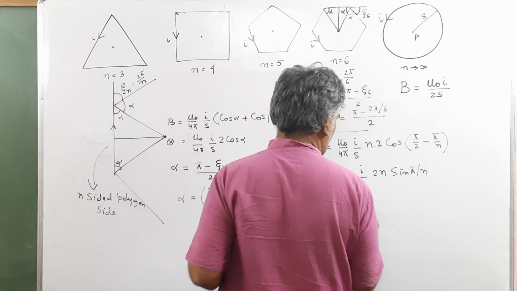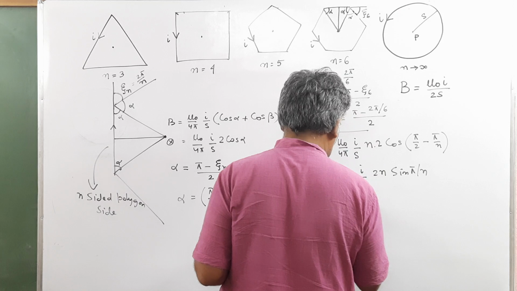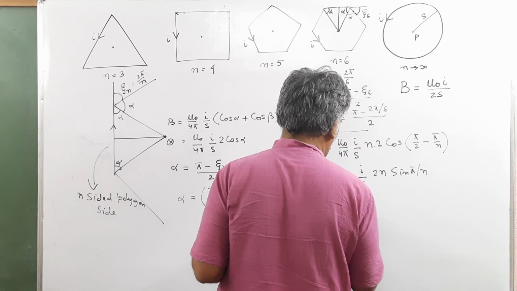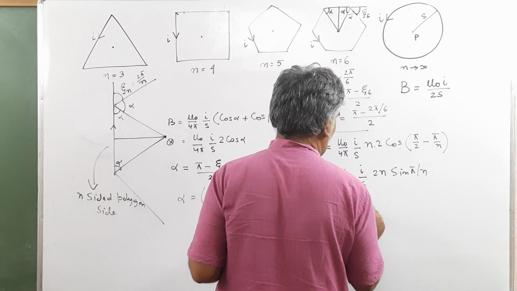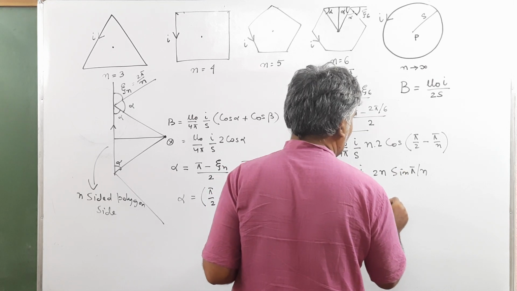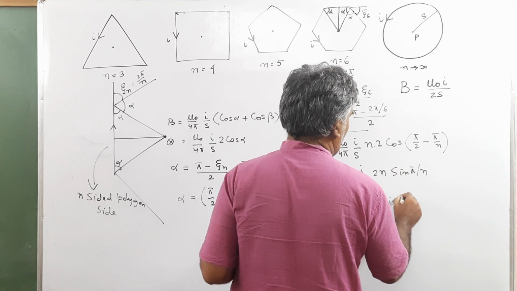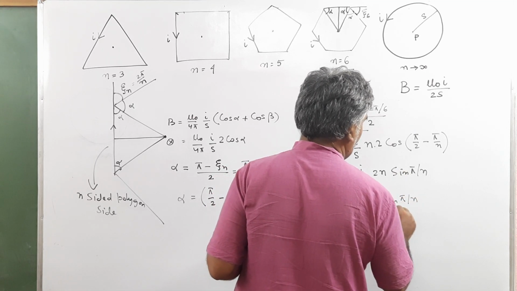Now if I arrange this a little bit, so mu 0 by 4 pi, then I by s, then sin pi by n in the denominator.